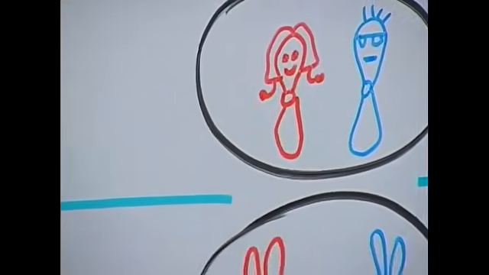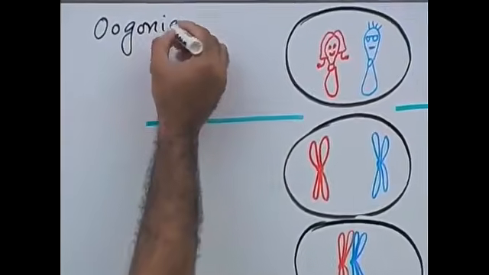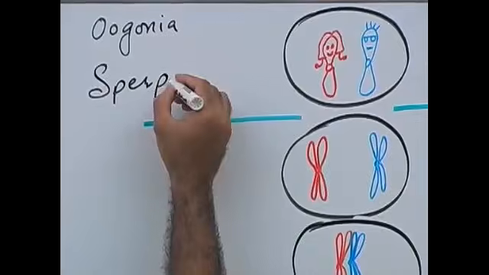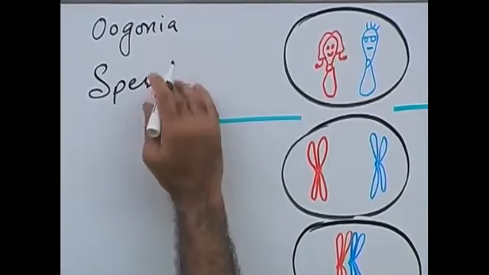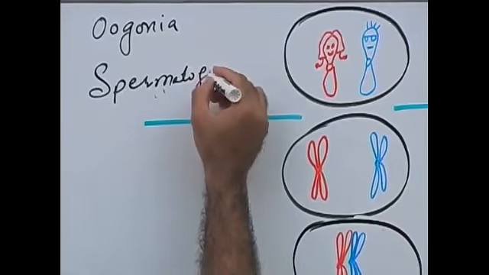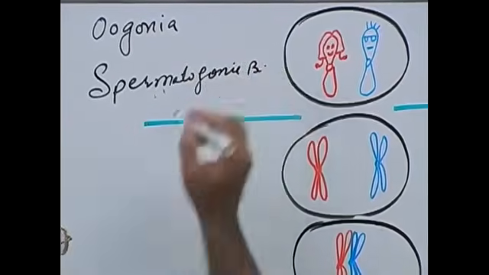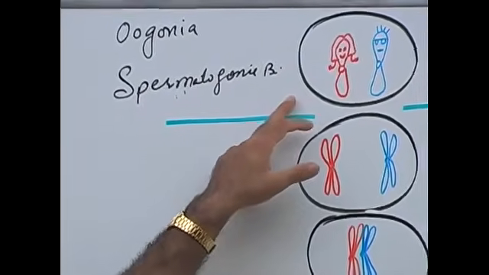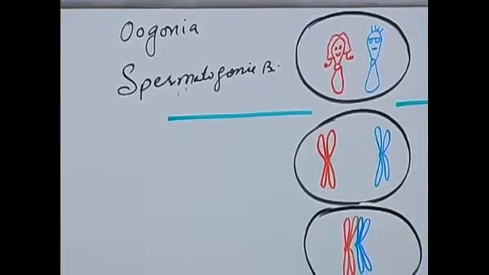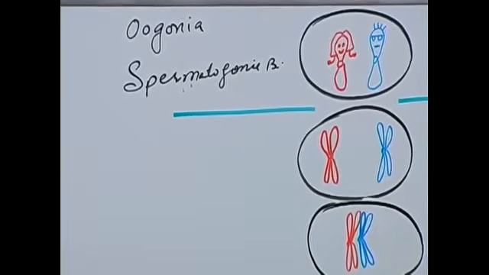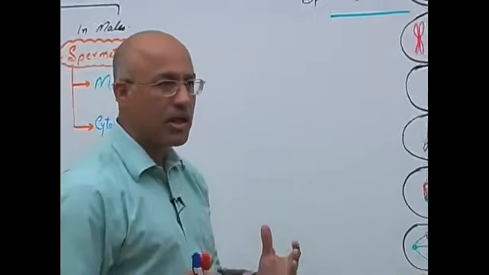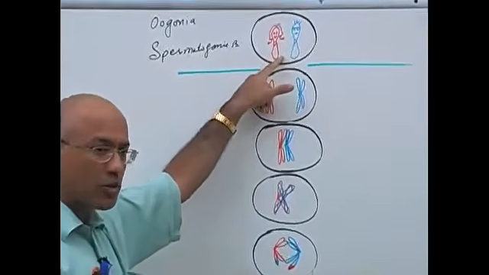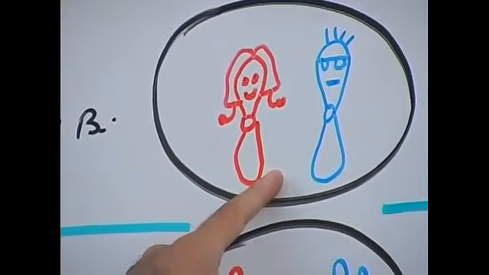If it is in a female, this must be an oogonium, or if it is in a male, then it may be a spermatogonium, type B. Now, these are early germ cells, and if I am going to make sperm, then in my early germ cells, the spermatogonia, how many chromosomes do I have? 46 chromosomes.